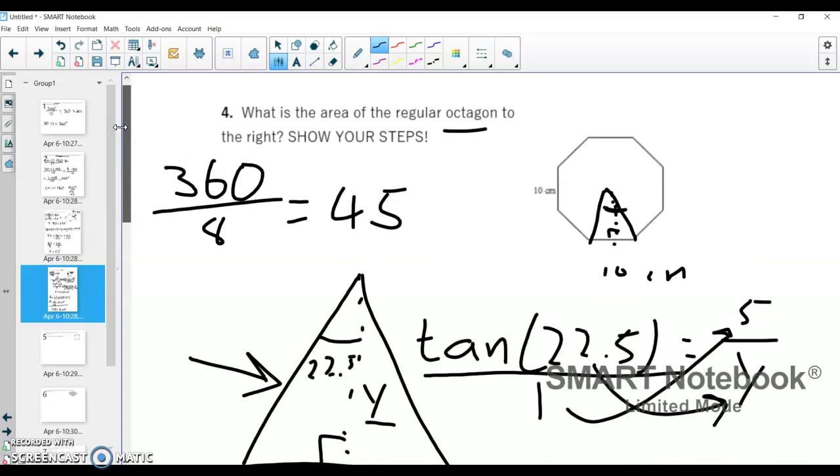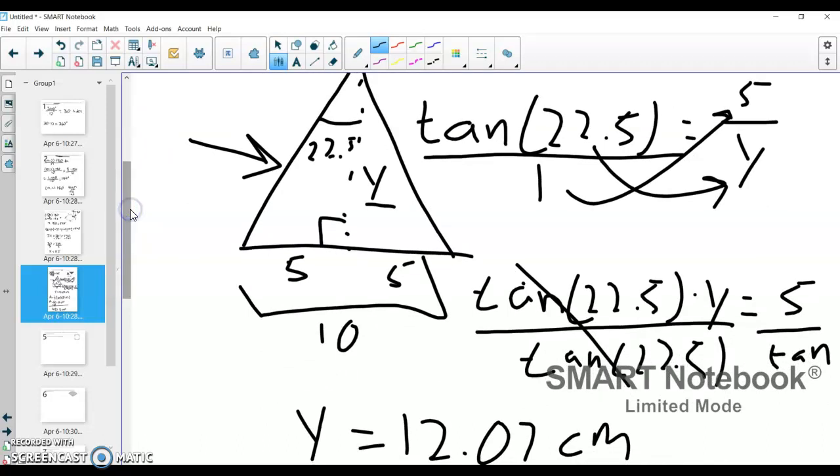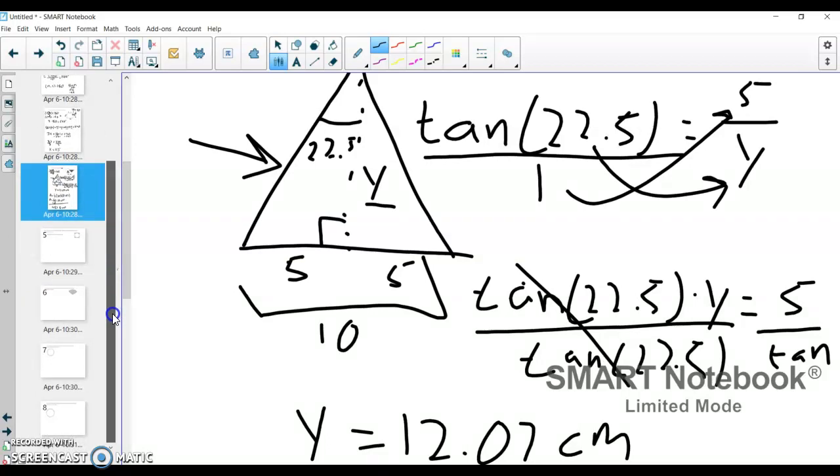We find that central angle. The apothem splits that central angle and it splits that side length. And then we need to make sure that we have a base and a height. And then we're able to solve for area of one triangle, which then can help us solve the area of all the triangles. I'm going to stop this video here, and I will be able to finish up the rest of them in a second video.